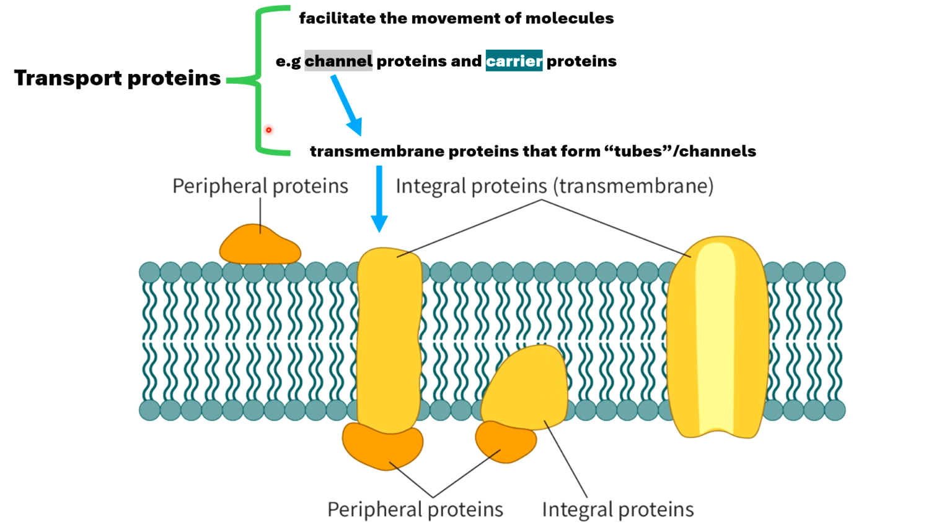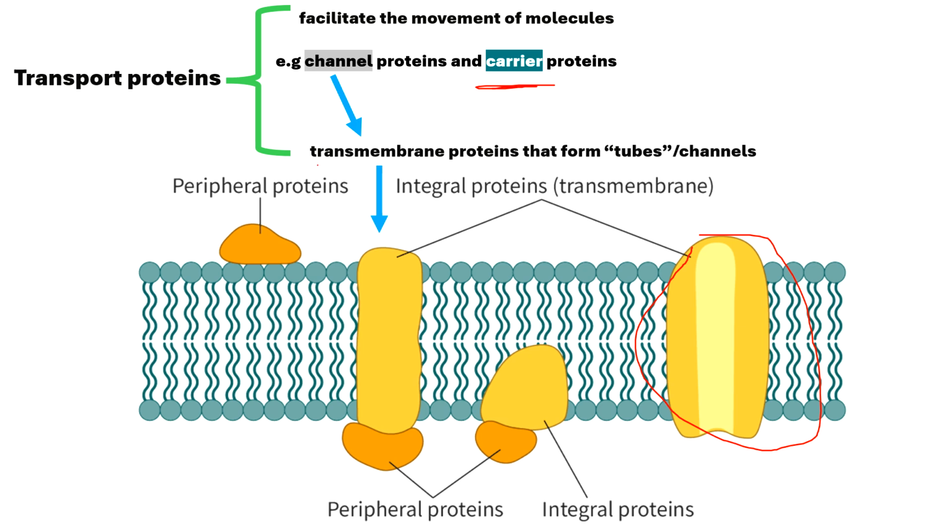Now finally, moving on to transport proteins, these transport or facilitate the movement of molecules, obviously, and we're going to look at two types. Channel proteins, they form like a tube. This right here would be a channel protein, and carrier proteins, which we'll look at later as well.